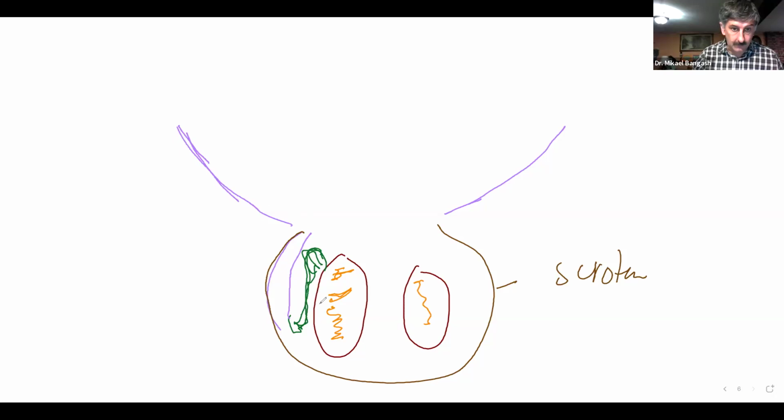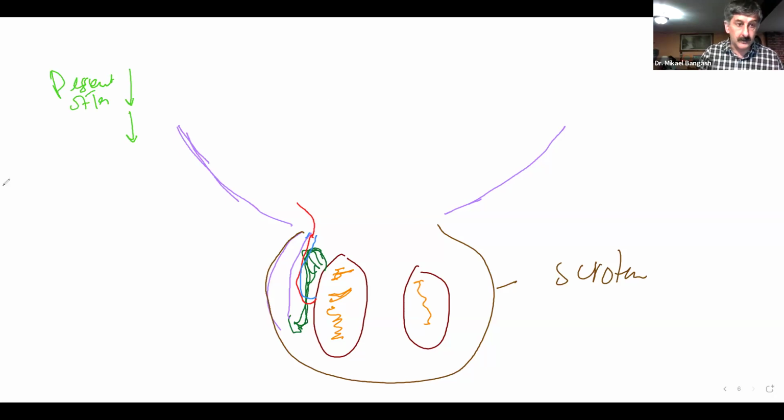We have arteries. We can also see that we have the veins. Now, these structures enter into the scrotum together along with the testes during what we mentioned earlier, the descent of testes.